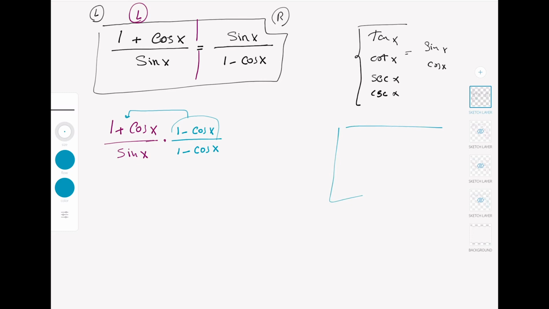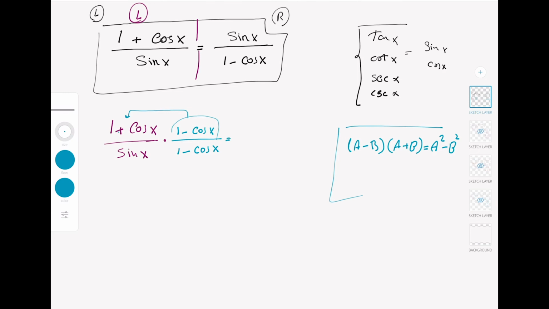Just reviewing algebra, a minus b and a plus b are conjugates of each other. When you multiply, you get a squared minus b squared. So I multiplied by the conjugate of 1 plus cosine of x.